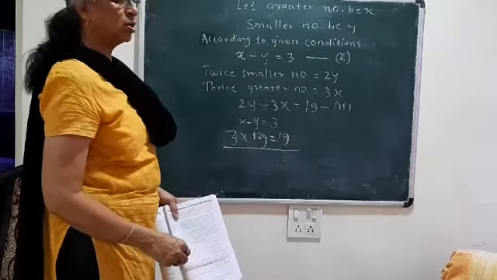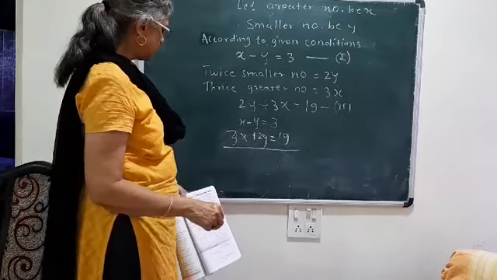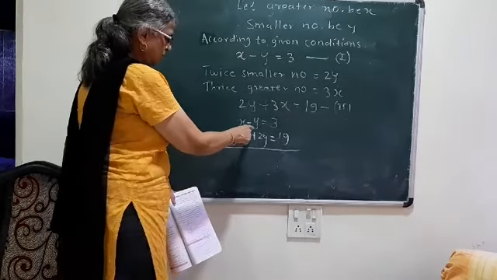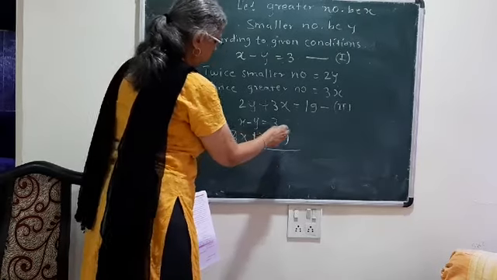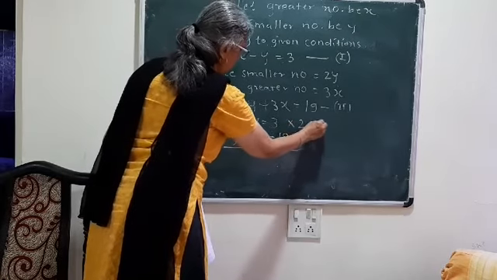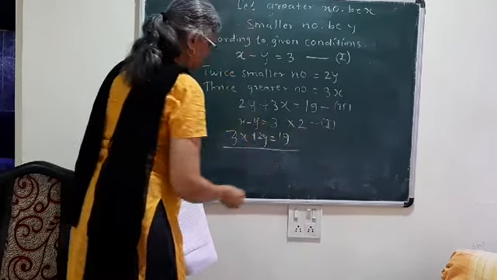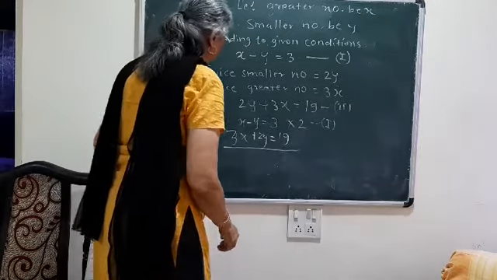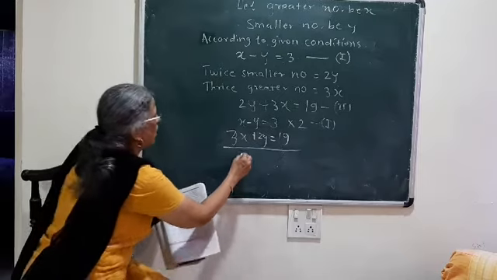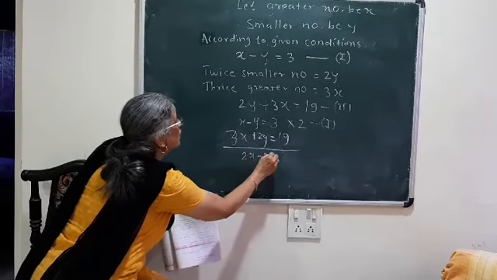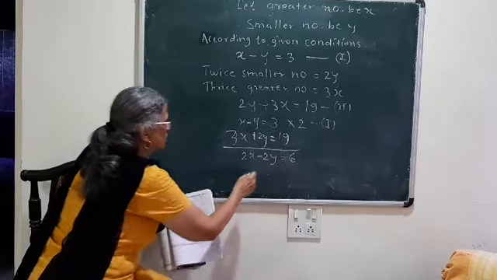So you know the method of solving. We are making the coefficients equal. I will do this by multiplying equation number 1 by 2. So I will have the new equation 2x minus 2y is equal to 6.